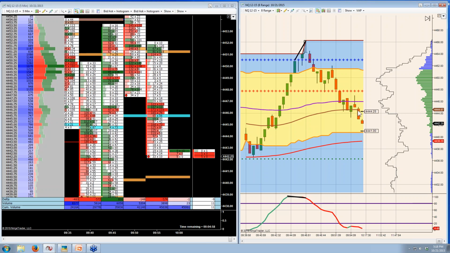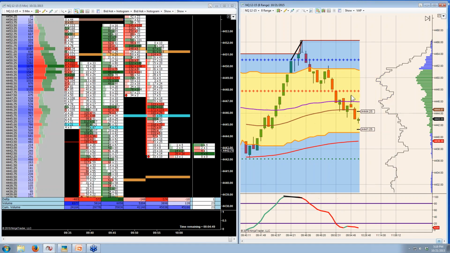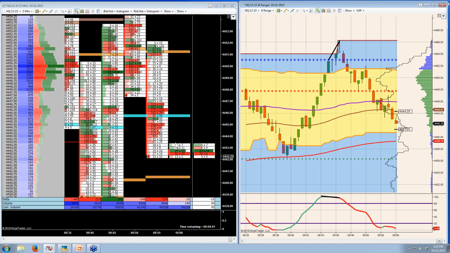Like I said, I'm not a fan of taking the break of the point of control because a lot of times we can get stuck there, and you can see all the cumulative volume there from previous times in this area. And so there's unfinished business. So we're getting close to that low value area. So a break of the POC here looks like it would have worked out okay.